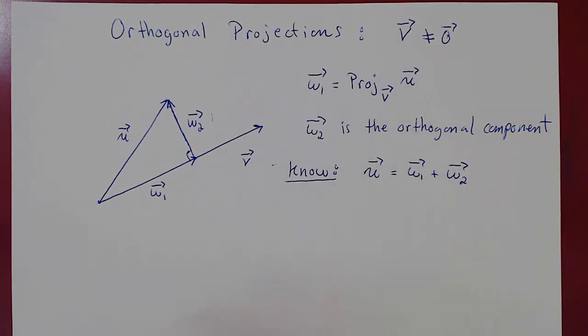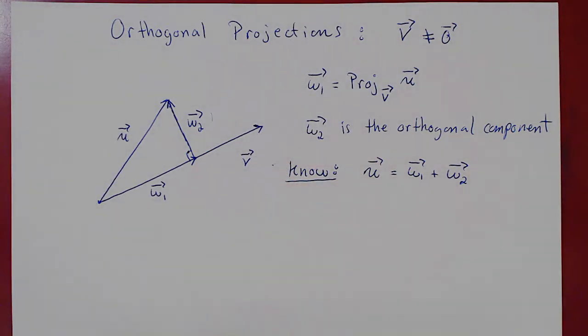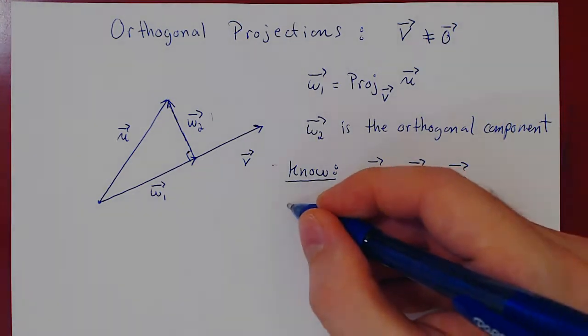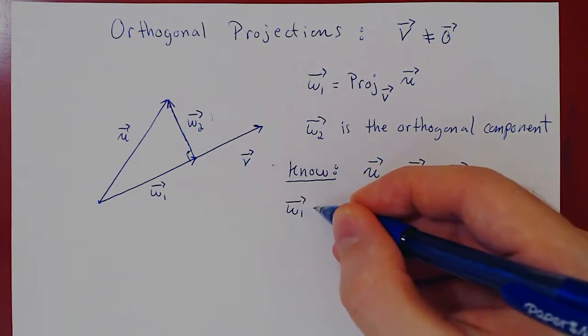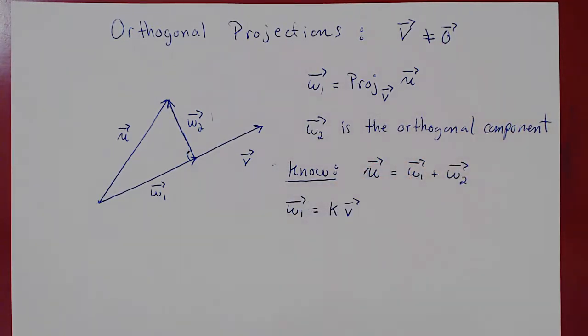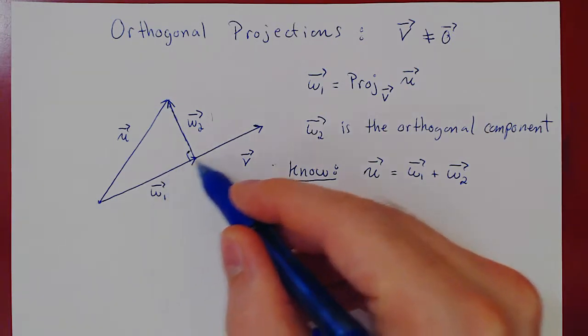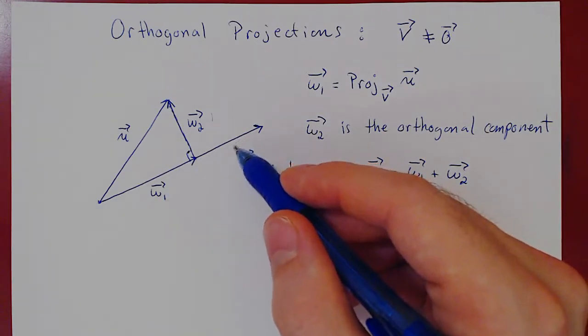Well, what do we know about w1? Well, it is lying on vector v, therefore w1 is parallel to v. But two vectors are parallel if and only if one is a multiple of the other. So we know that w1 has to be some multiple of v, say k times v, for some real number k. And finally, the vector w2 must be perpendicular to v, or orthogonal.